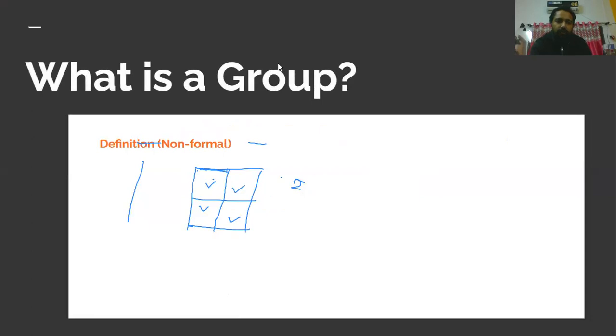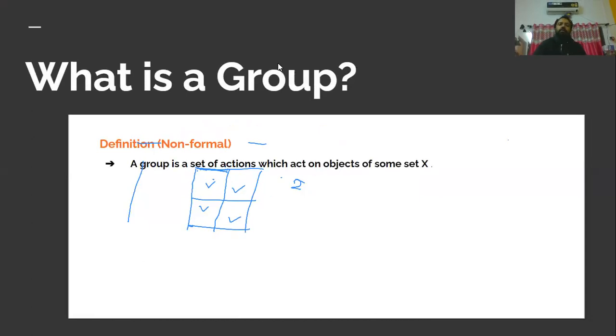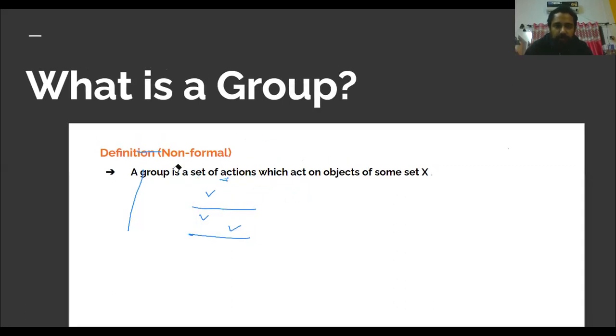What is a group? Non-formal definition. A group is a set of actions which act on an object of some set X. So a group is a set of actions which act on some object of some set X. So say a set X contains shapes, right?